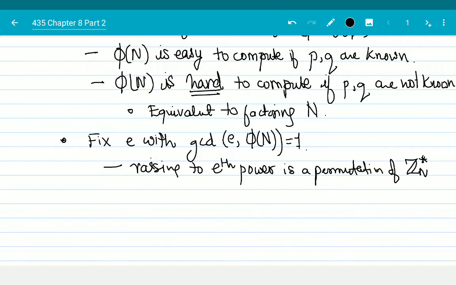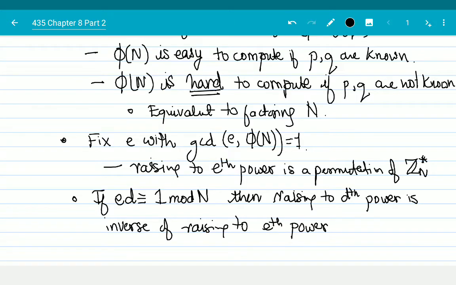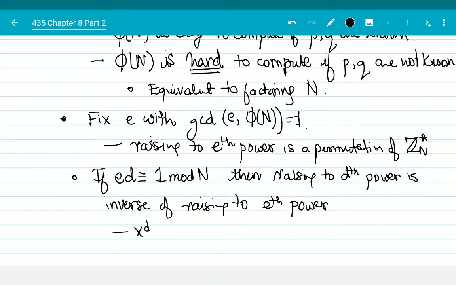And as we talked about before, if ed is equal to 1 mod n, then raising to d to the power is the inverse of raising to e to the power, which is to say x to the d is the eth root of x modulo n.